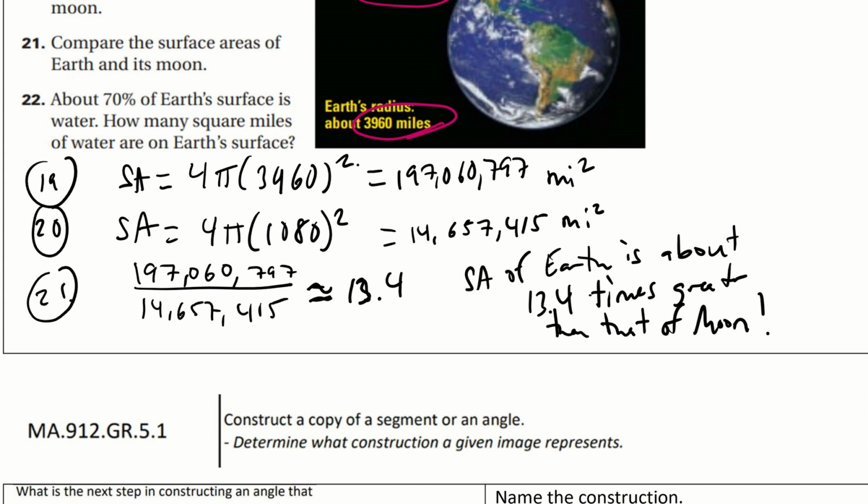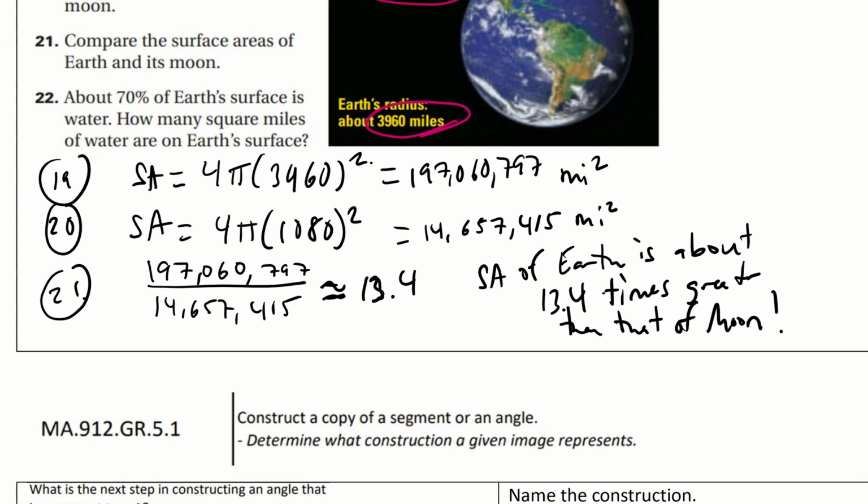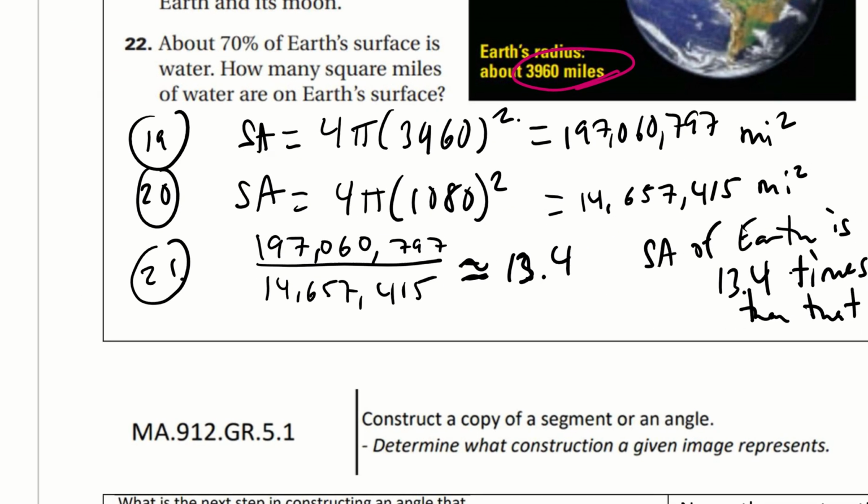Around 70% of that surface area is actually just water. So how does it compare if it's just land? That's something to keep in mind. So 30% is land. We do 30% of this 197 million number, and that tells us the actual usable surface area that we can walk around. Of course, the rest of the surface area is there for navigation in the seas, but for actual walking around.